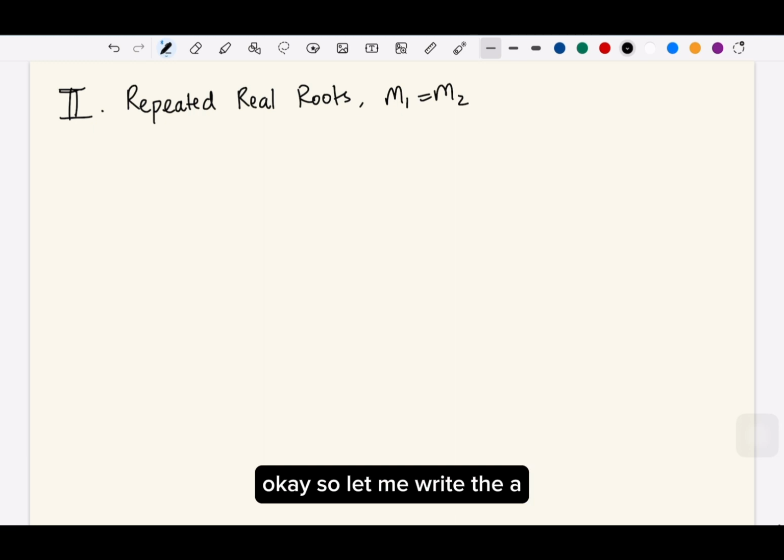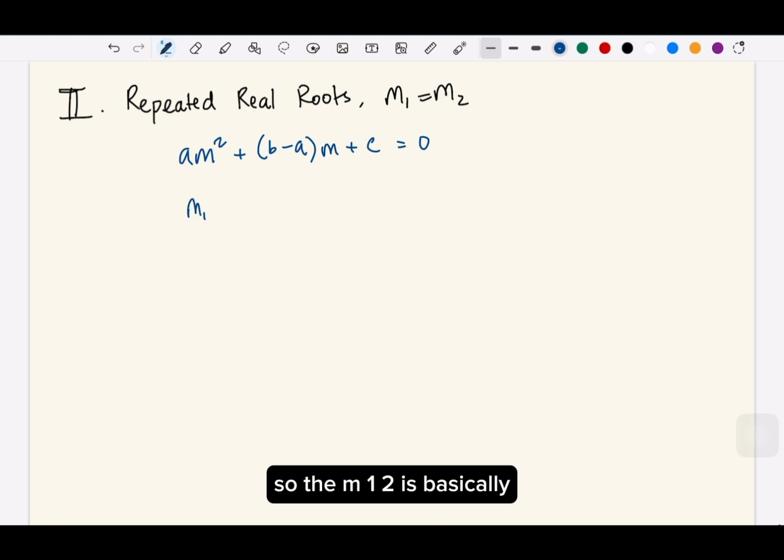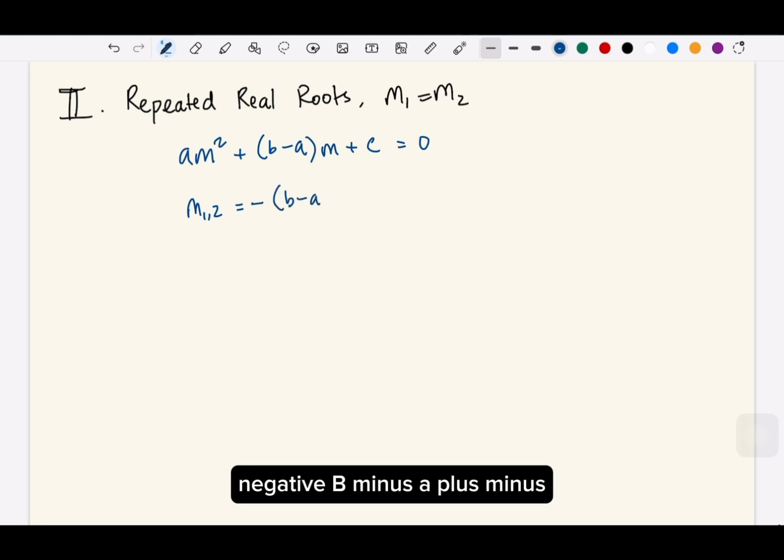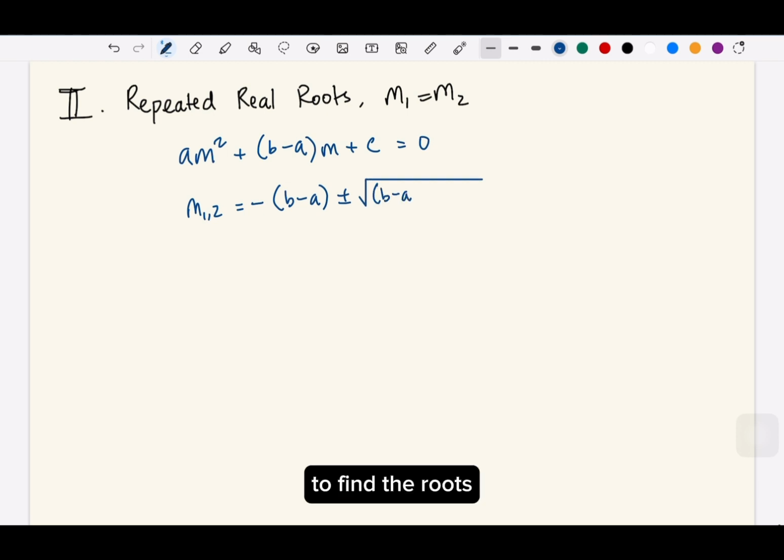Let me write the auxiliary equation am squared plus (b minus a) m plus c equals 0. So m1, m2 is basically negative (b minus a) plus or minus the square root, from this quadratic equation to find the roots.